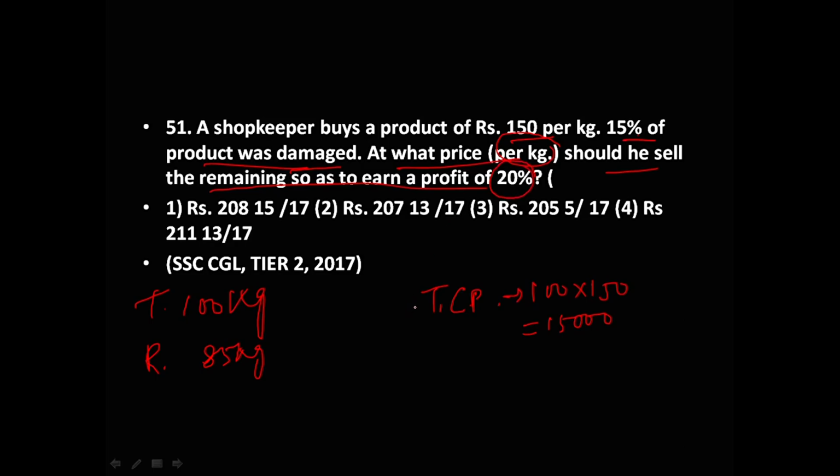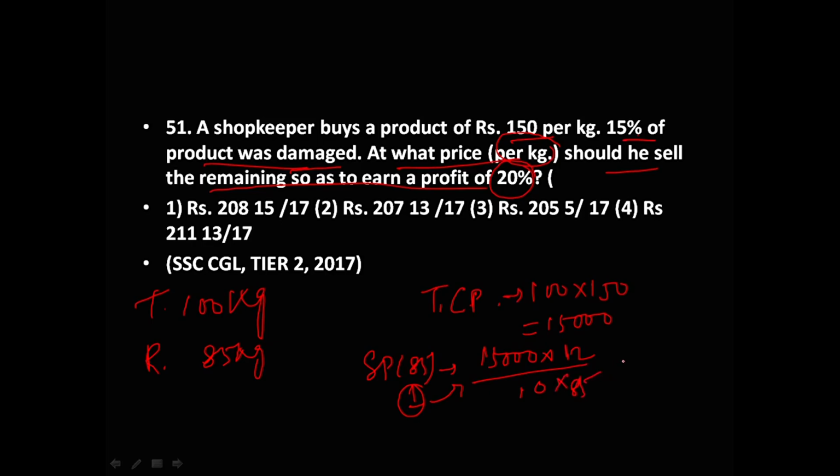Profit of 20%. So what is the SP of 85 kg? This 85 kg SP will be 15,000 into 120 upon 100, or 12 by 10, and we have to get the value per kg. So we have to get the amount for 1 kg, so we are dividing it by 85.